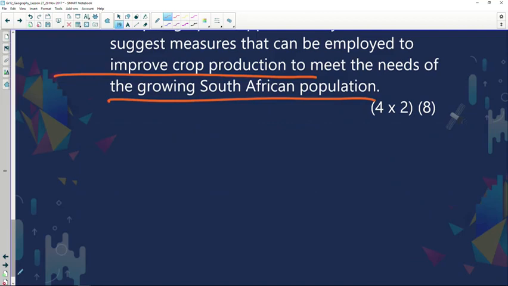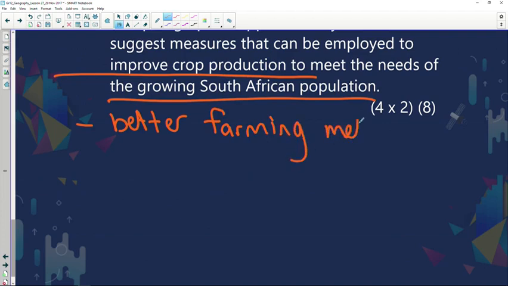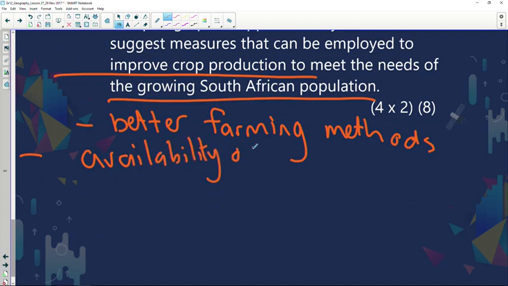First of all, what we can mention is better farming methods. And what we can do as well, we might experience a drought, but we need proper availability of water resources for irrigation purposes, which is to water our crops.